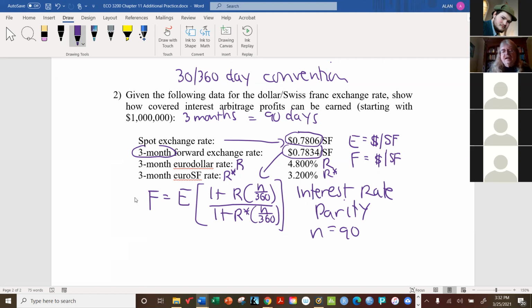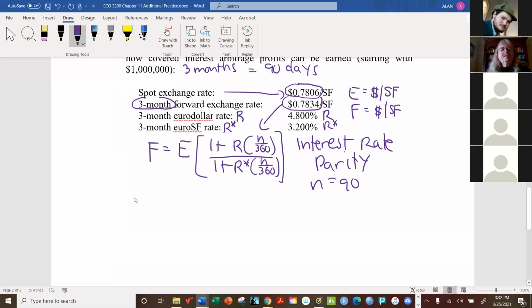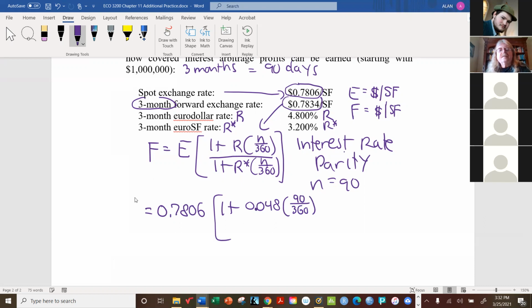So what we're going to do now is throw in all these numbers, and let's see what we have. So E is 0.7806. Here we have 1 plus. The domestic rate is 4.8% per year, but we then adjust it for the fact that this is only a 360-day investment.